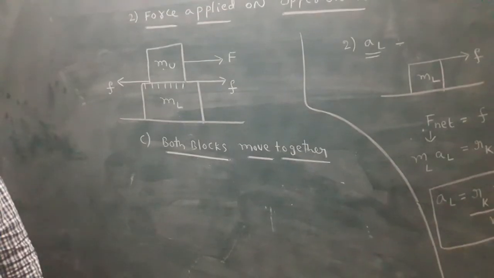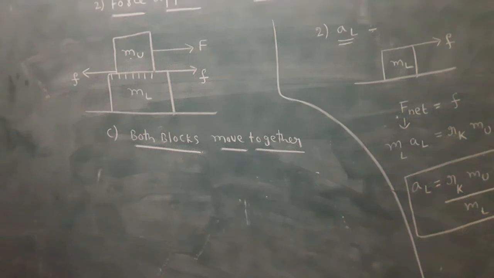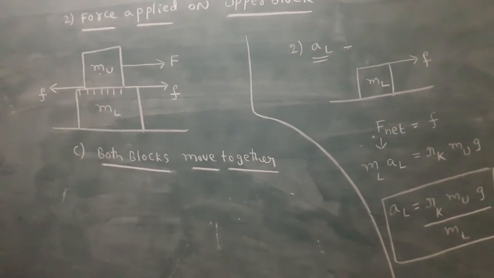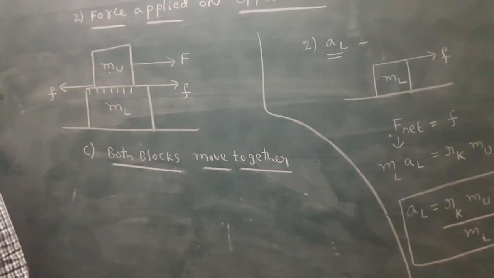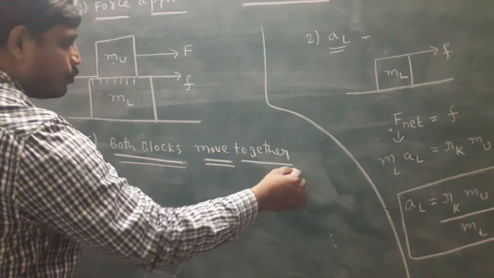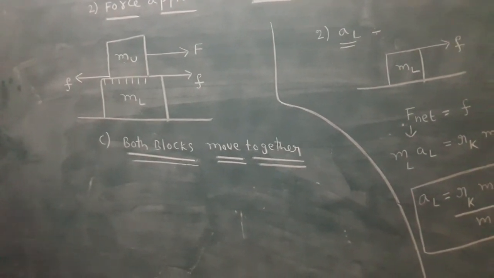Right. Move together, find common acceleration. In the previous situation, acceleration of the lower block was determined, and acceleration of the upper block was determined. But in this question, both blocks move together, and the common acceleration is determined.